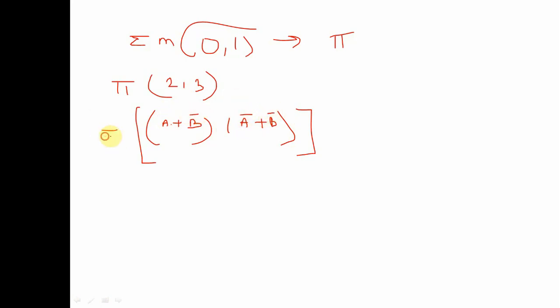So the final equation is A plus B bar and A bar plus B bar. In this way we will solve.